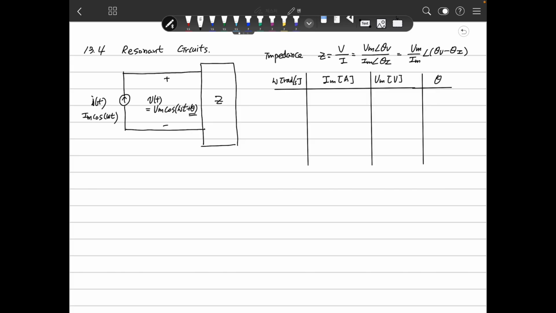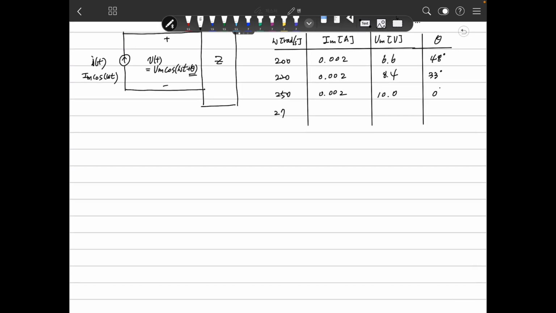In the same circuit, when omega is 200 and the source is 0.002, the result is Vm of 6.6 and a phase of 48 degrees. When the frequency increases to 220 radians per second, the source is the same, but the measured values change, and the phase angle is different.